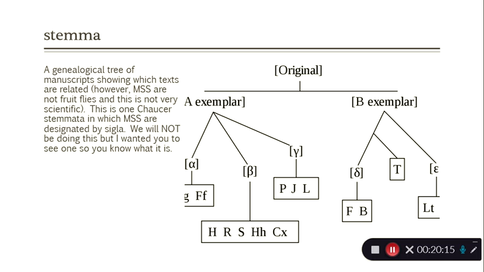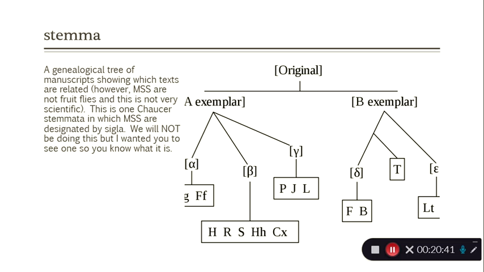These are sometimes useful, but others are downright confusing. I have problems with this because this is based on charts used for genetics, actually. So a genealogical tree of manuscripts doesn't make a lot of sense to me because manuscripts aren't human.